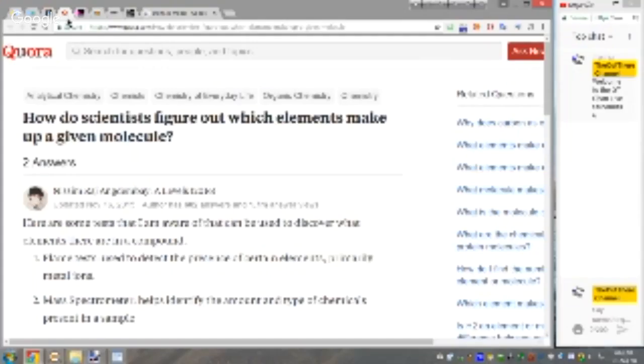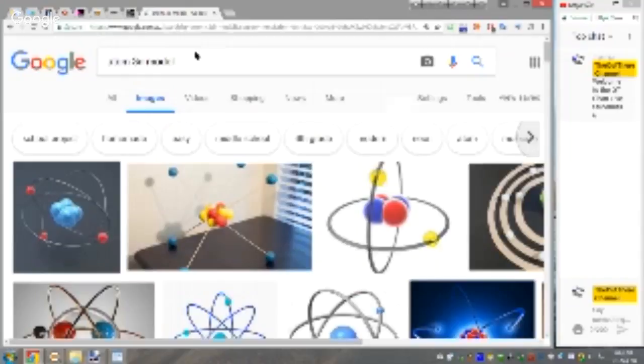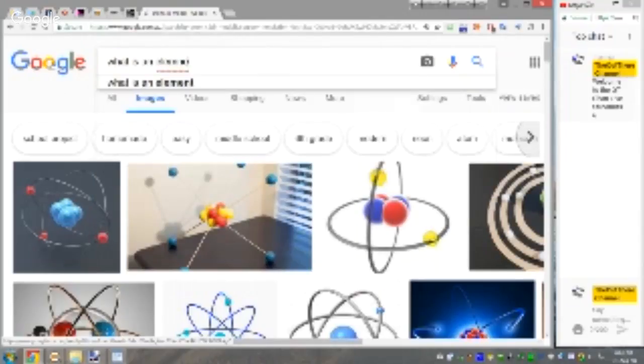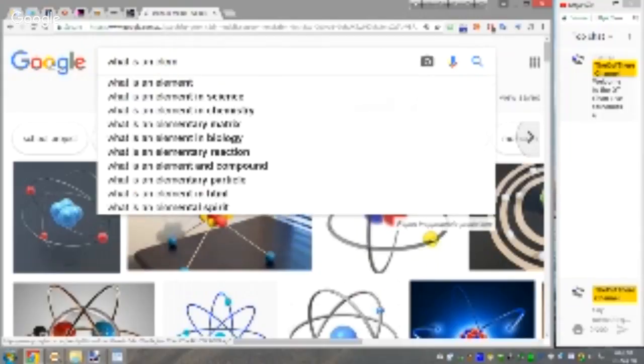How do scientists figure out what elements make up a given molecule? Well, elements are atoms, like carbon, hydrogen. What is an element? Now you've heard of the periodic table, where they've got a list of all the elements, gases, metals.